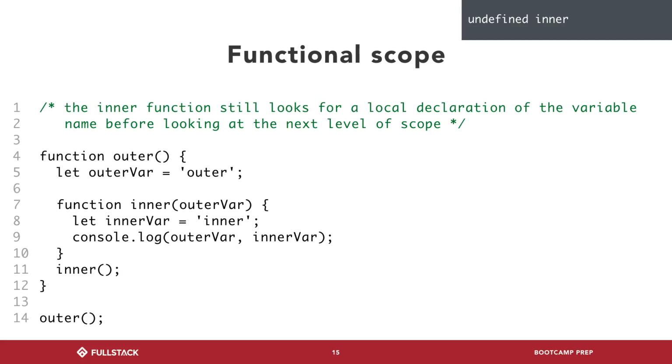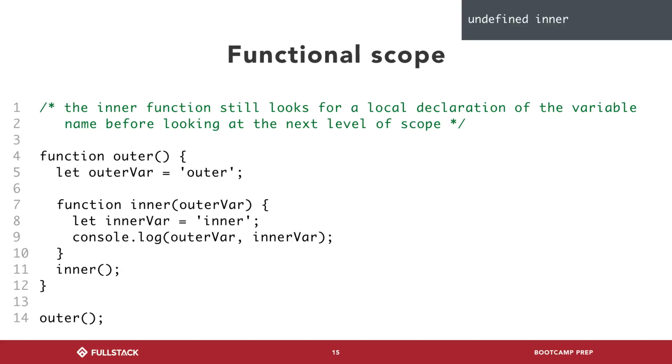So outer var basically becomes undefined. Even though in this case outer var is undefined, outer var still exists. So when I print out outer var and inner var, I'll print out the undefined as opposed to the outer, right? Outer var still has a value. The value is undefined.